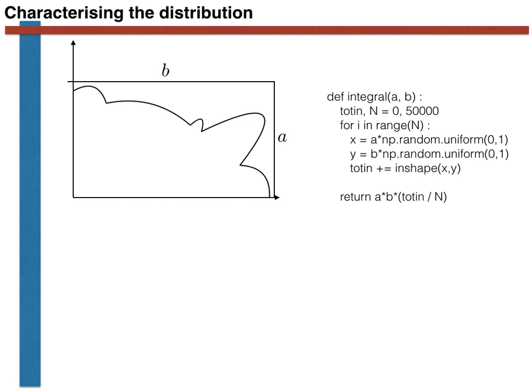Multiple pairs of these random variables are computed, and the number that lie underneath the curve is counted. The final integral is determined by taking the ratio of the number of points that were underneath the curve to the total number of points that were generated, and by multiplying this ratio by the area of the rectangle, as in the formula that comes after the return statement in this function.